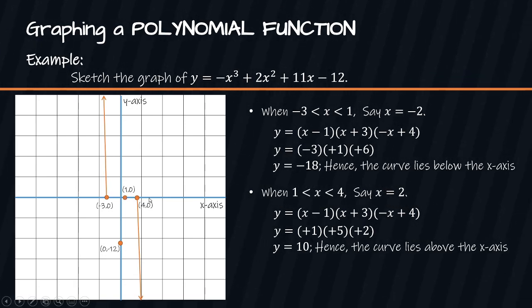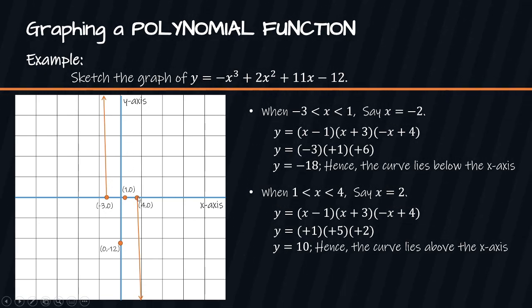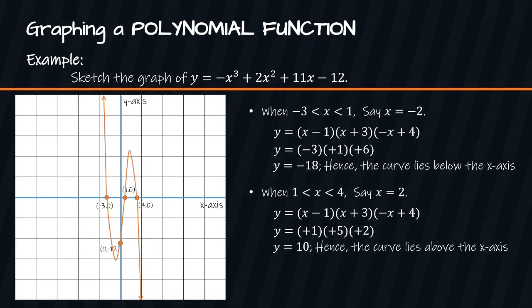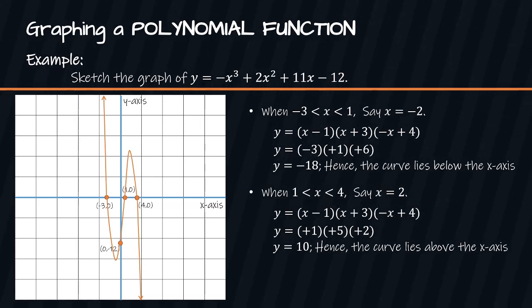And between these coordinates, our y is a positive value. Hence, the curve lies above the x-axis. So now we'll draw a smooth curve. And that's how you'd sketch the graph of y equals negative x cubed plus 2x squared plus 11x minus 12.